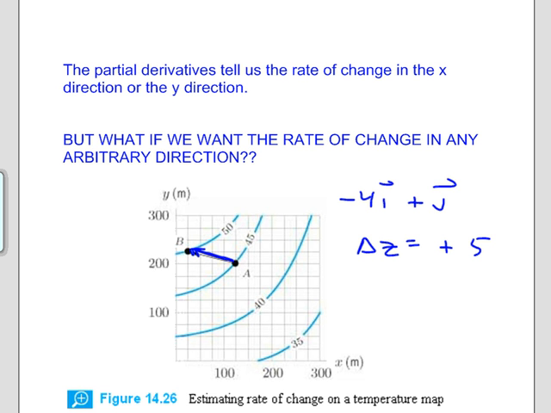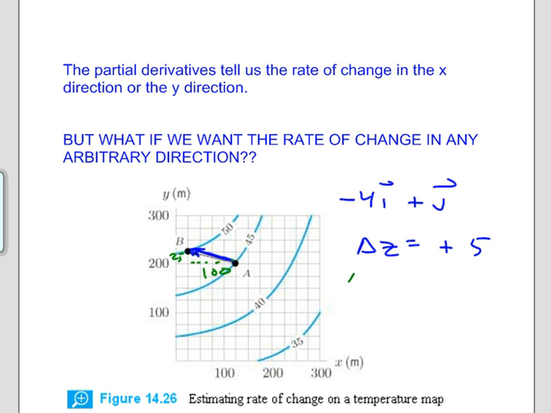Well, each one of these boxes is 20, so I went 1, 2, 3, 4 over. No, each box is 25. So I went over 100 and then up 25.